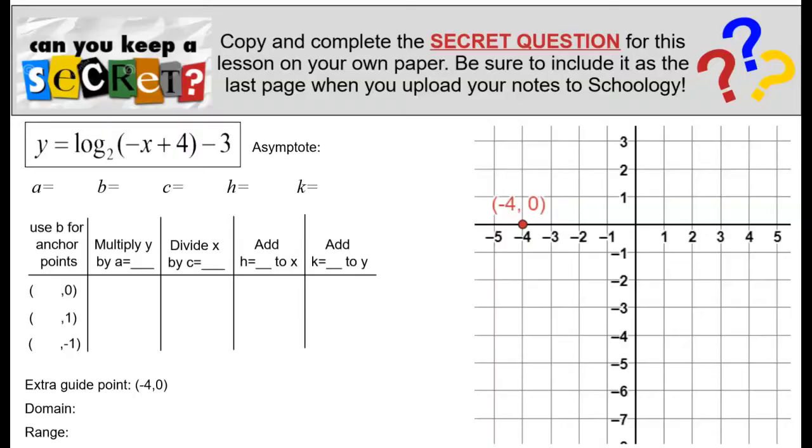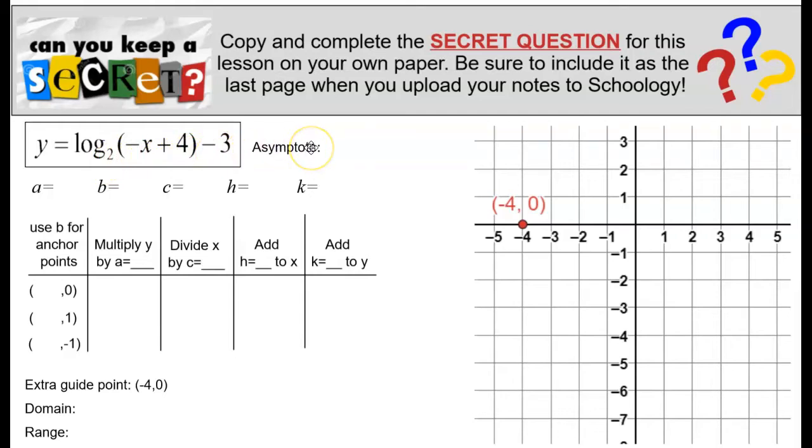Okay, that brings us to the secret question for this lesson. On a piece of scratch paper, I'd like you to go ahead and complete all of the information for log base 2 of the quantity negative x plus 4, and then minus 3.